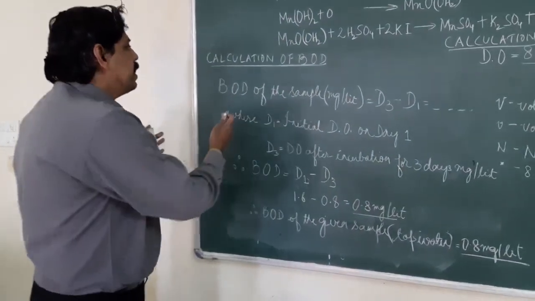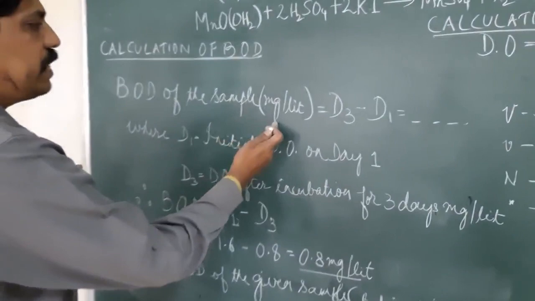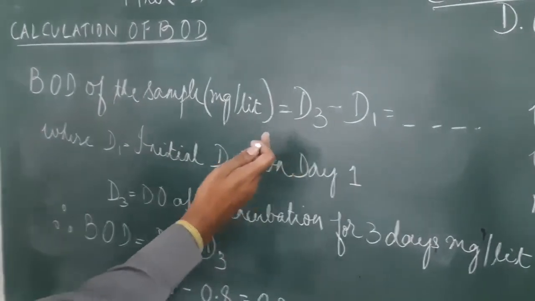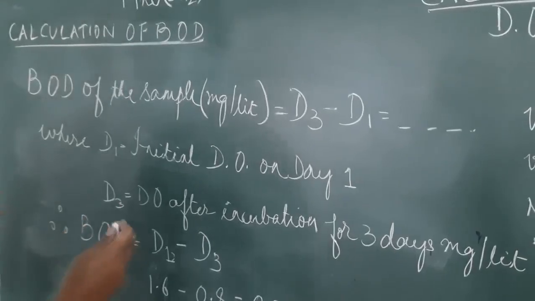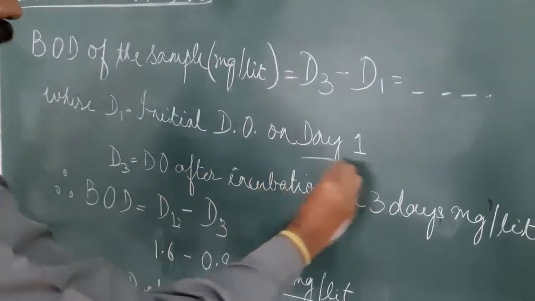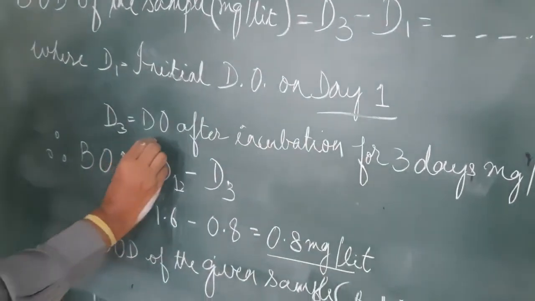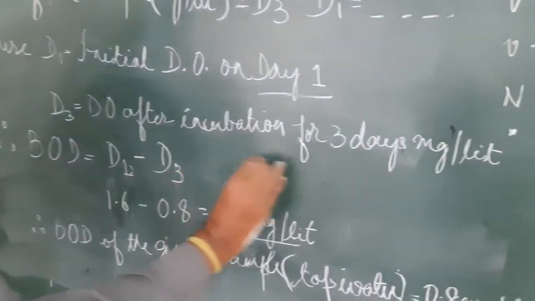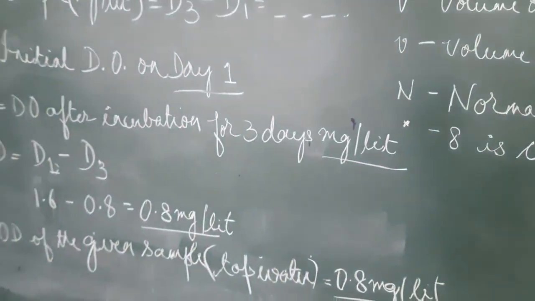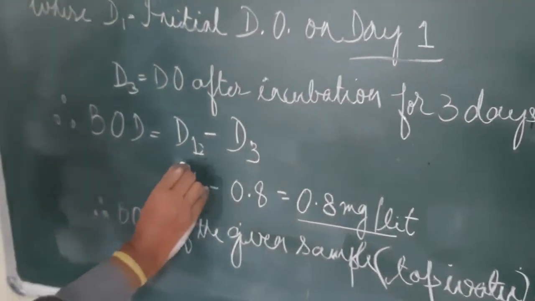So here the BOD of the sample is expressed in mg per liter, where D1 is the initial DO on day 1, and D3 is the dissolved oxygen after incubation for 3 days, again expressed in mg per liter.